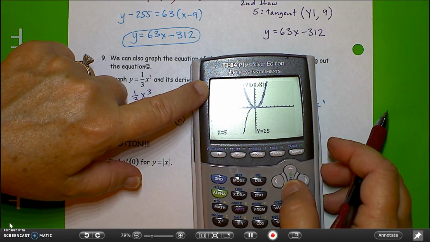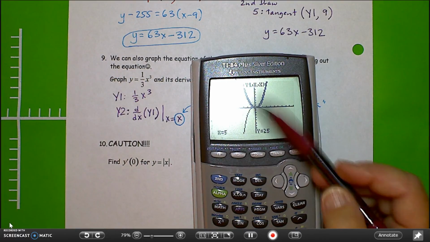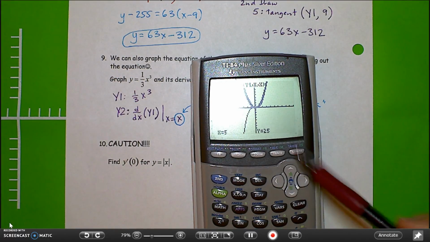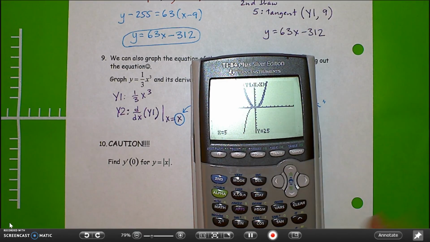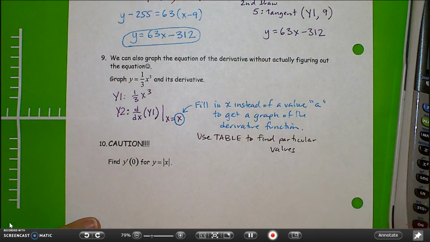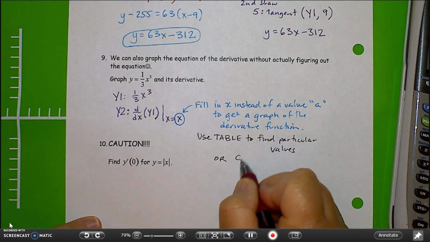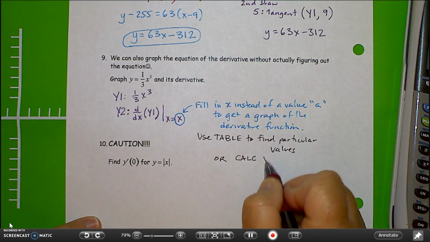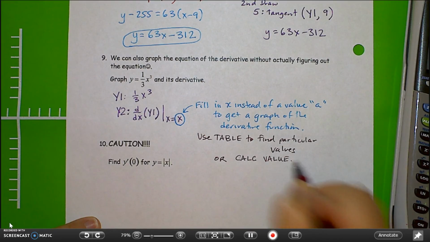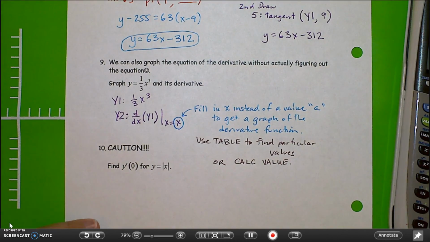I've got to be on the right graph though. So you can use that top line to make sure you're on one graph or the other. So that would be another way to do it. So use table or calc value to find particular values.